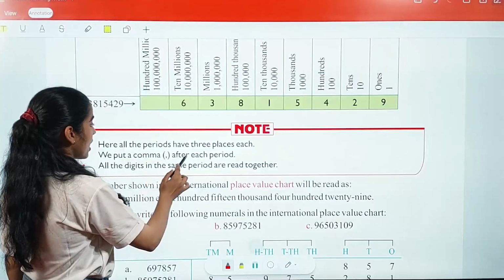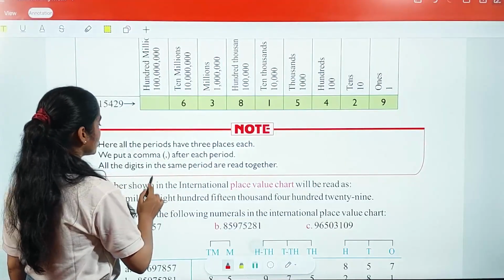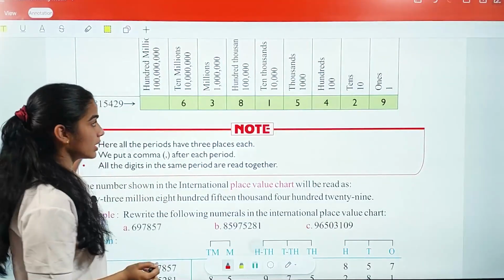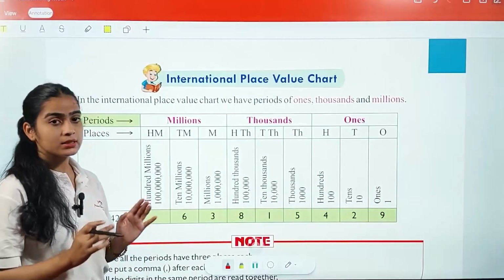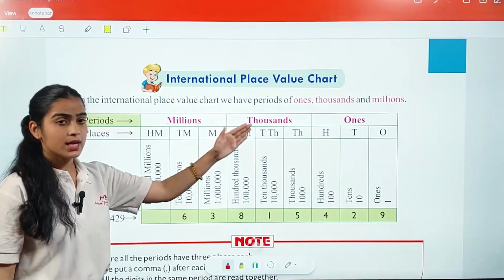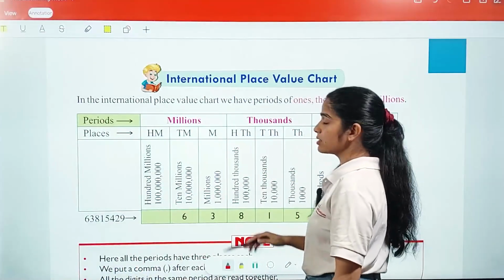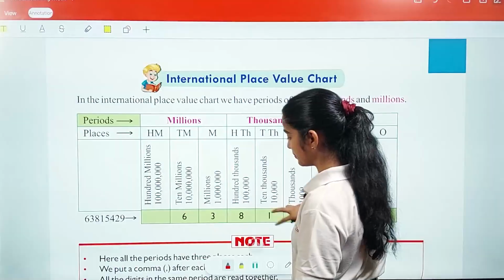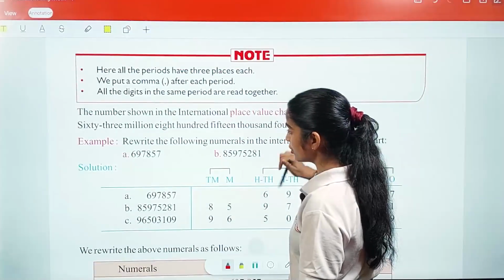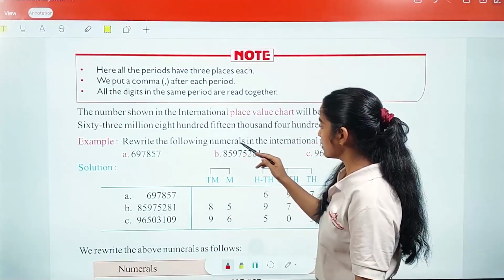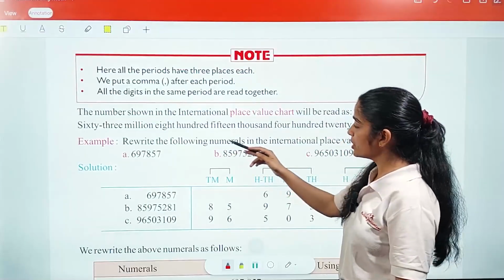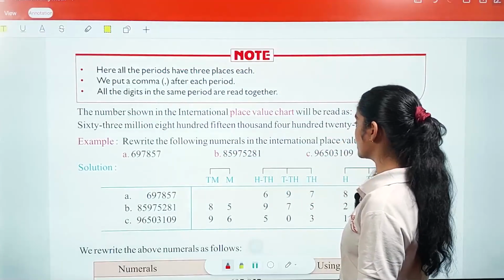We put a comma after each period. All the digits in the same period are read together. Okay. So for this, rewrite the following numerals in the international place value chart.